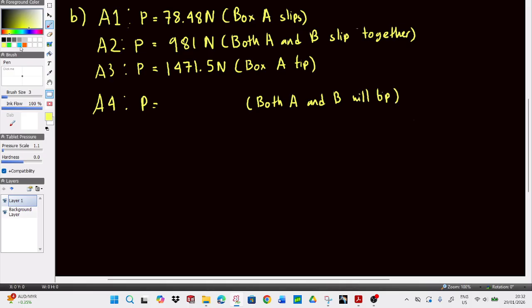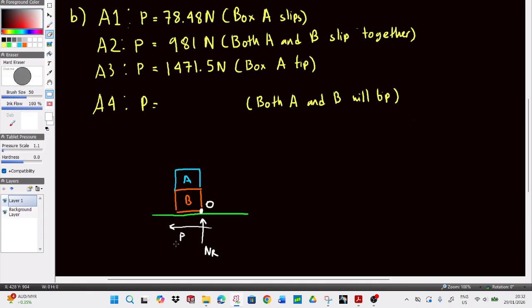So how do we do this? Quite quickly, this is your B, this is your A, and this is your surface. I'm going to put point O here. And this is our normal reaction force, this is our friction.